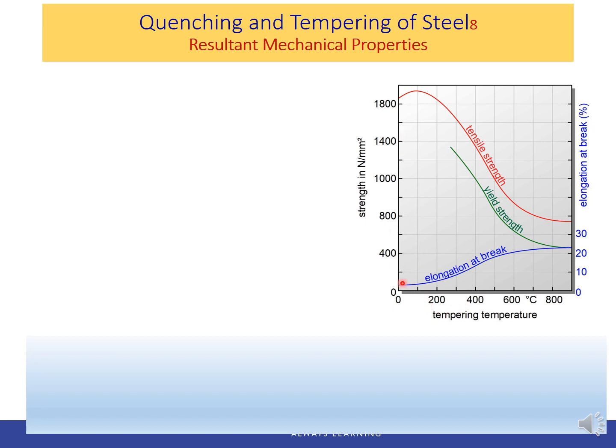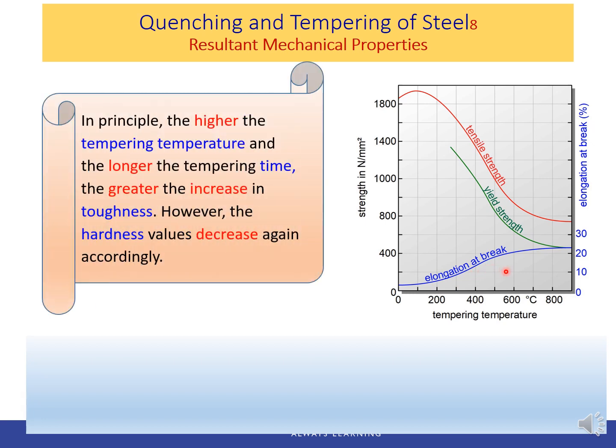So this is one tempering diagram, which is a plot of ductility in terms of elongation or percentage of elongation, yield strength, and tensile strength as a function of tempering temperature. So in principle, the higher the tempering temperature and the longer the tempering time, the greater the increase in toughness.